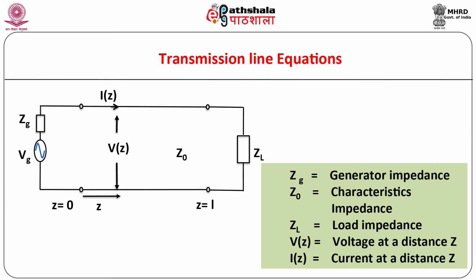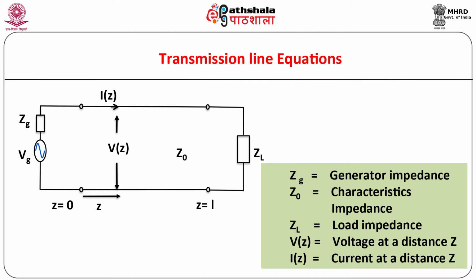Let Zg, Z0 and ZL represent the generator impedance, characteristic impedance and the load impedance respectively. Let Vz and Iz represent the voltage and current at a distance Z from the generator along the line.